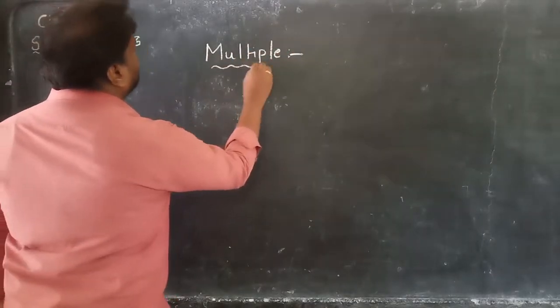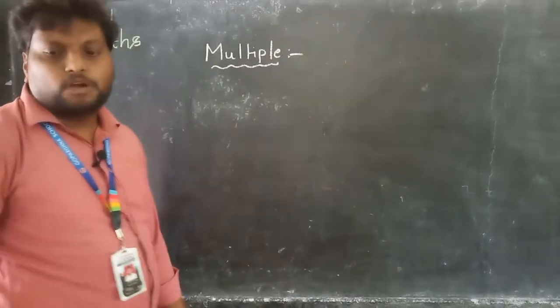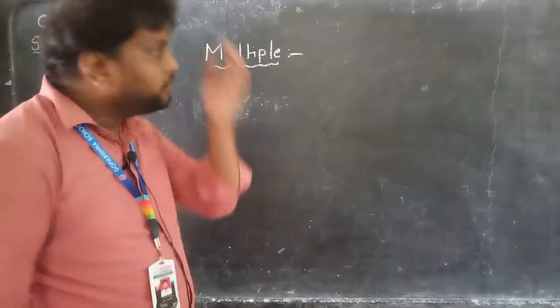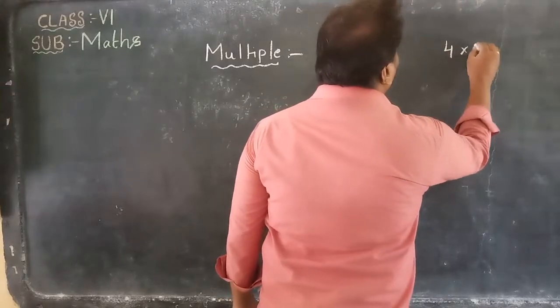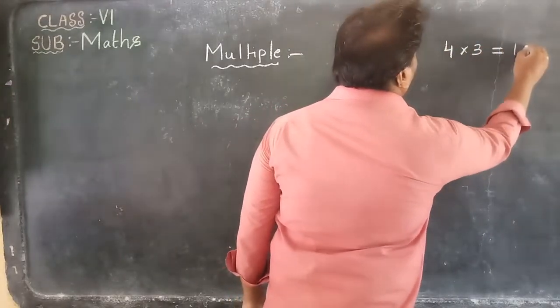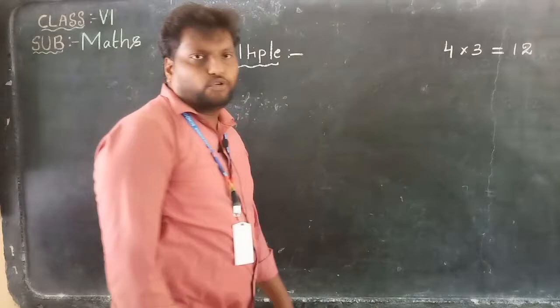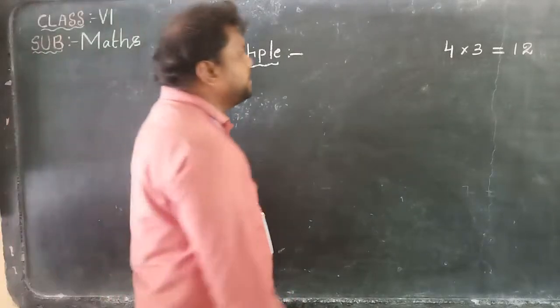Next, multiple. What is the meaning of multiple? First, here 4 into 3 is equal to 12.